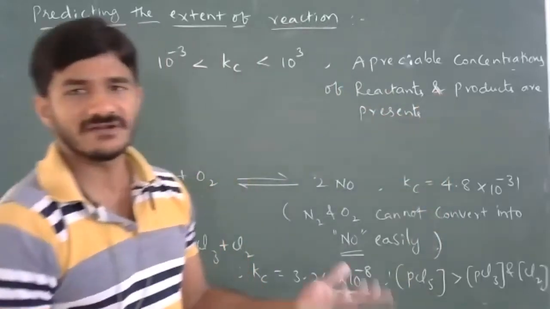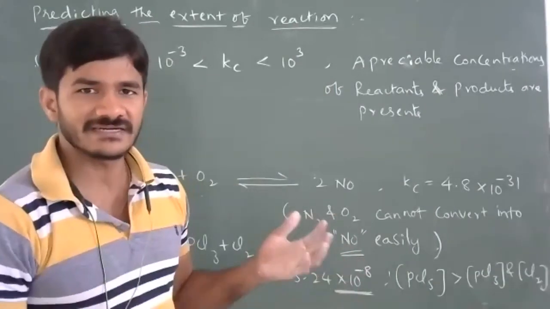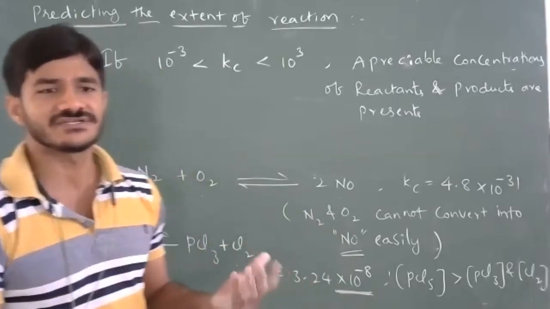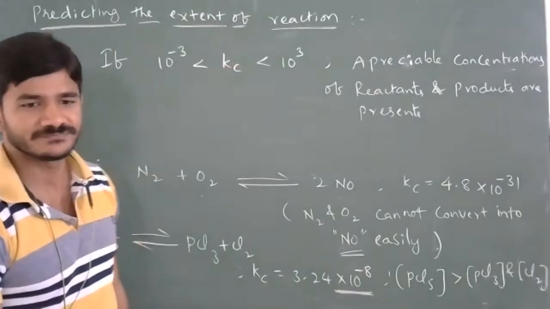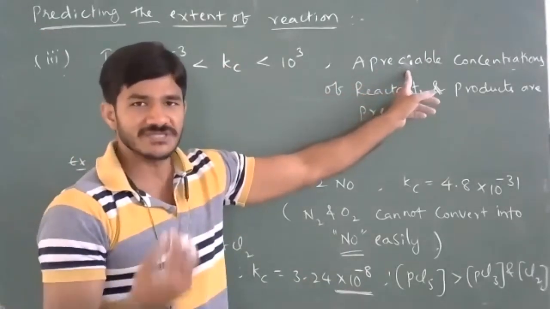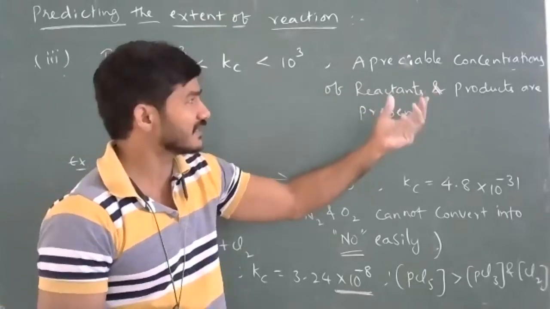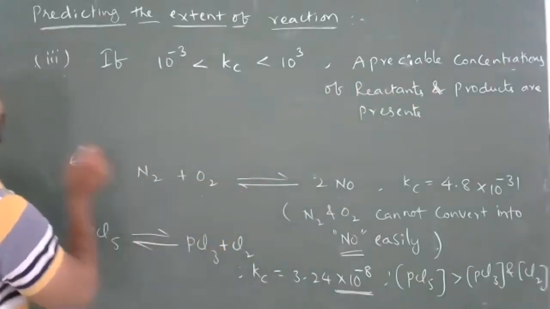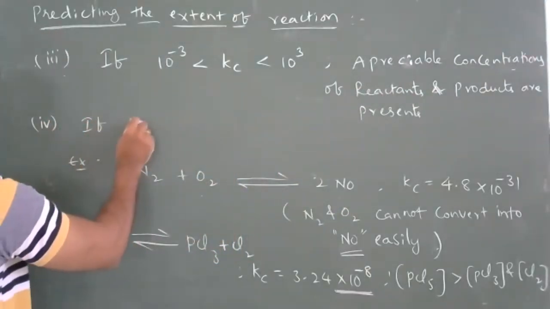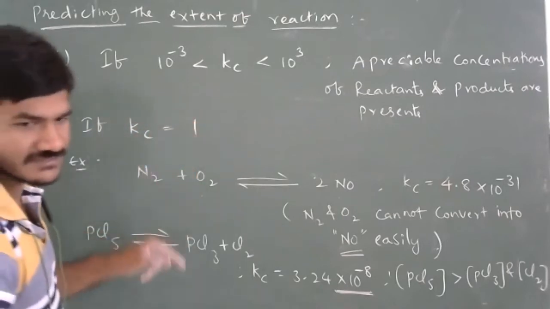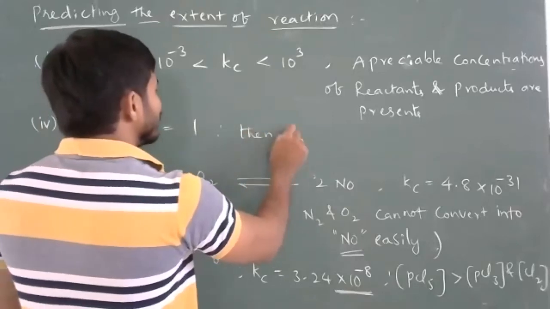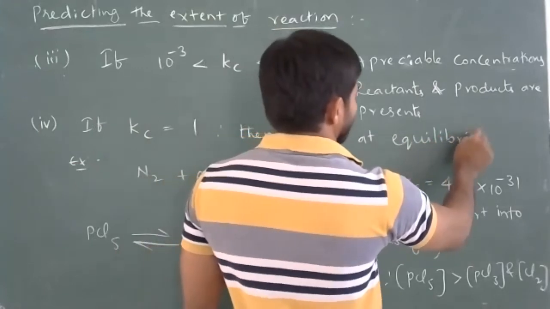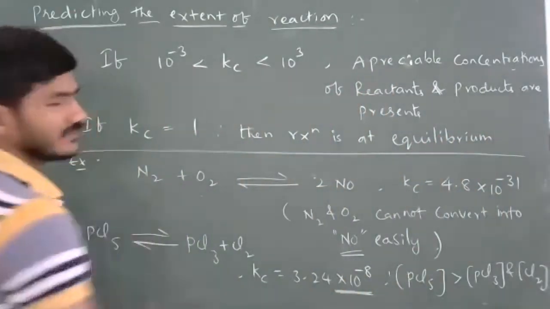Neither will be greater: reactants will not be greater than products, and products will not be greater than reactants. Both have appreciable concentrations whenever Kc is in between these two. Appreciable means a measurable concentration. And the last point: if Kc is exactly 1, then the reaction is at equilibrium.